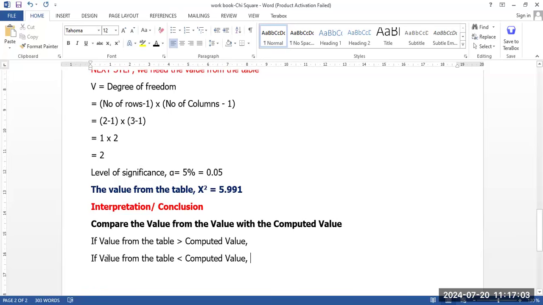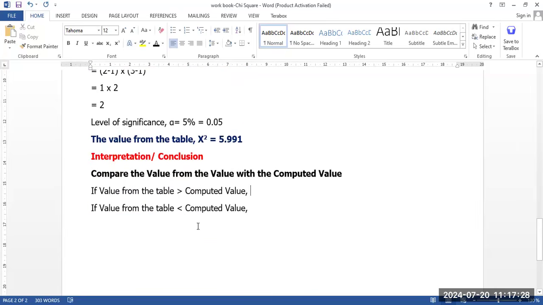So colleagues, if the value from the table is greater than the computed value, you are going to do what?